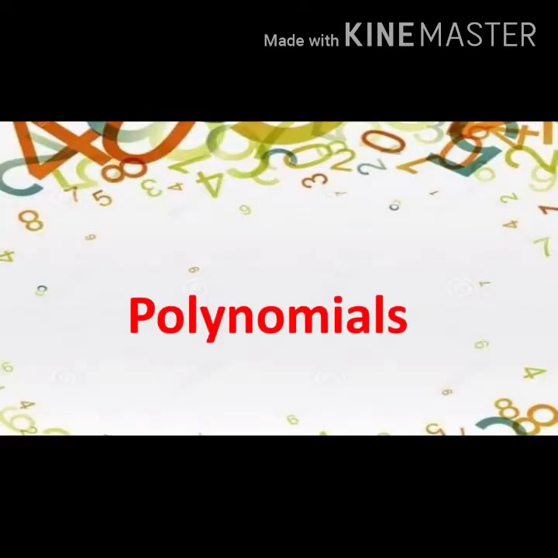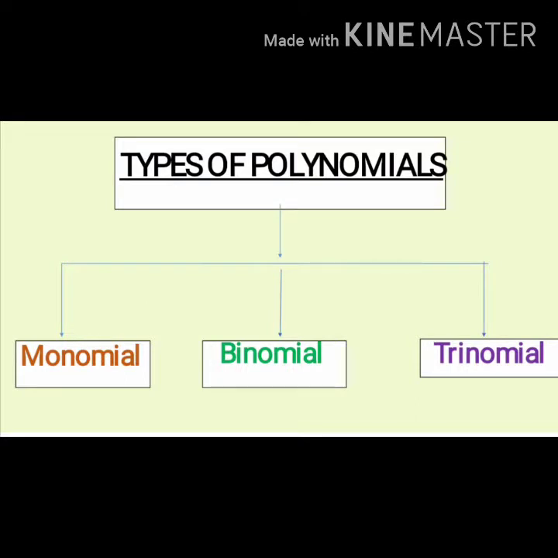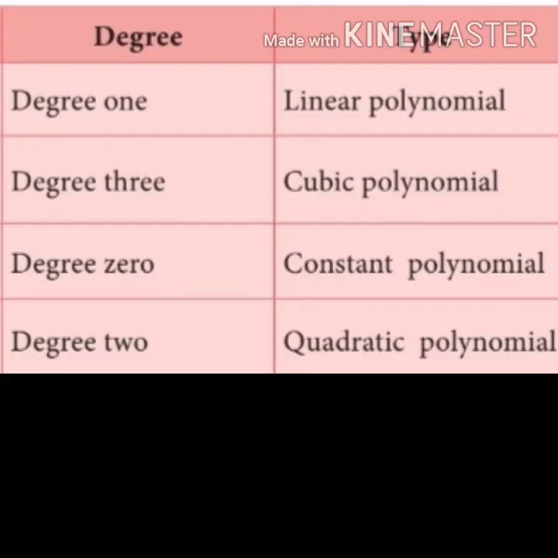In the last session, we have studied about the polynomials and the types of polynomials. If the polynomial has degree 1, then it is called linear polynomial, and if its degree is 2, then it's called quadratic polynomial. If it has degree 3, then it is called cubic polynomial.